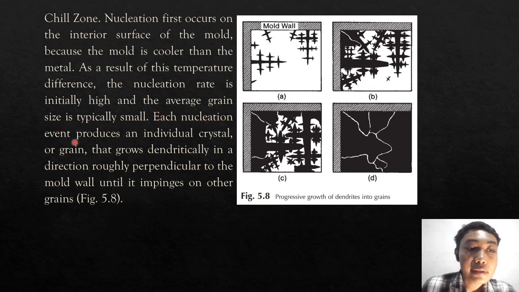Each nucleus produces an individual crystal or grain that grows dendritically in a direction roughly perpendicular to the mold wall until it impacts on the other grains, like Picture 5.8. This is A, B, C, D. Picture 5.8: progressive growth of the dendrites into grains. This is our change: the first, second, third, and fourth.